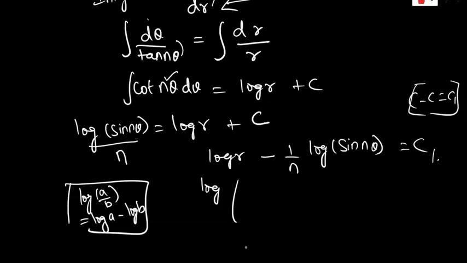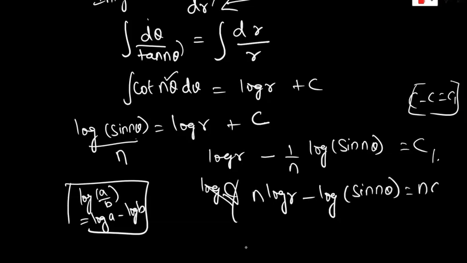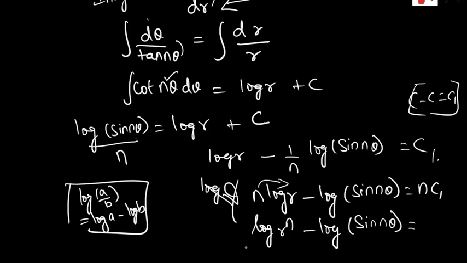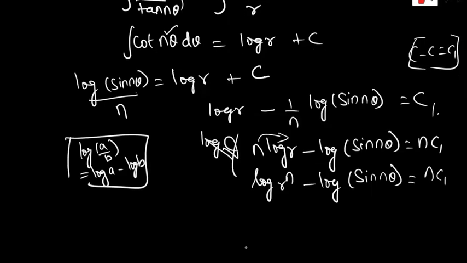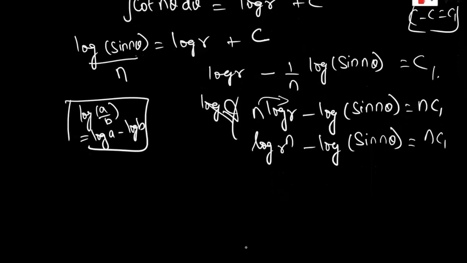Now, if I take LCM, what will happen? n into log r minus log of sine n theta is equal to n into c1. Now you can see this n goes to the power: log r power n minus log of sine n theta is equal to n into c1. And now we are going to use the property that log a by b is nothing but log a minus log b.